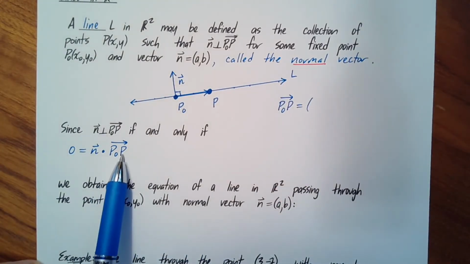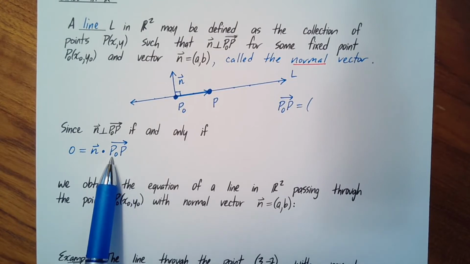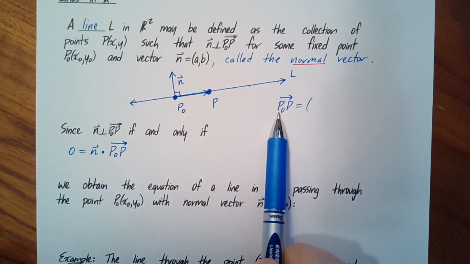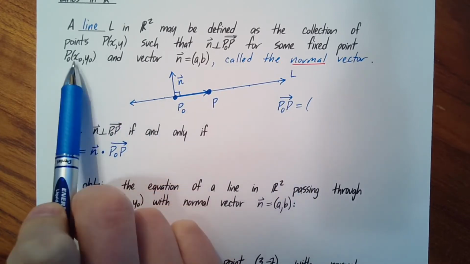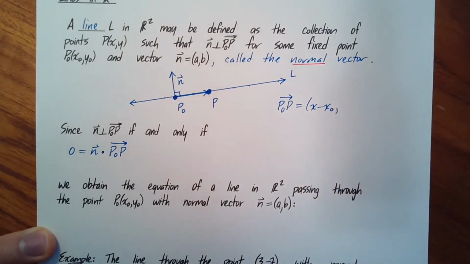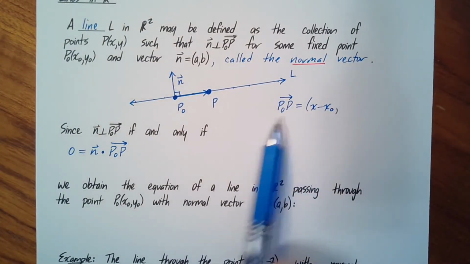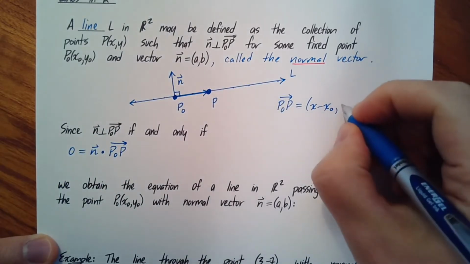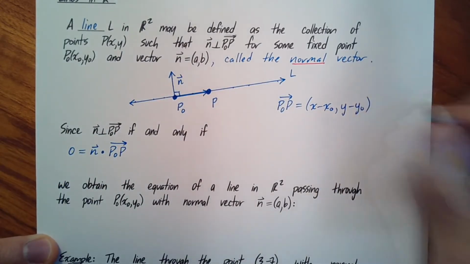Just take the x coordinate of P and subtract the x coordinate of P naught, and that will get you the x coordinate of the vector that goes from P naught to P. So just take x and subtract x naught, and you're going to get x minus x naught. Then to get the y coordinate, just take the y coordinate of P and subtract the y coordinate of P naught. So you're going to get y minus y naught.